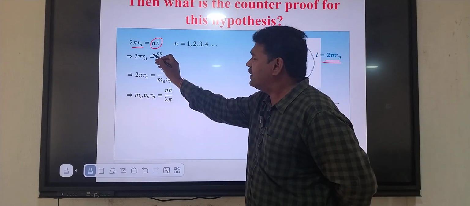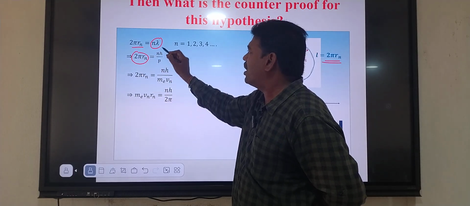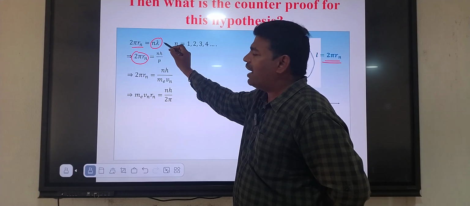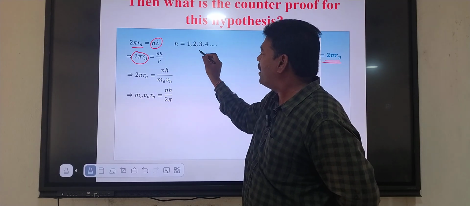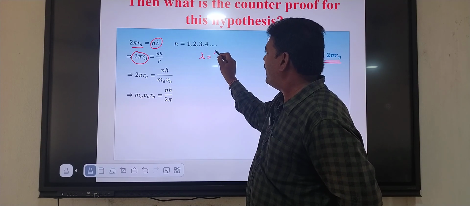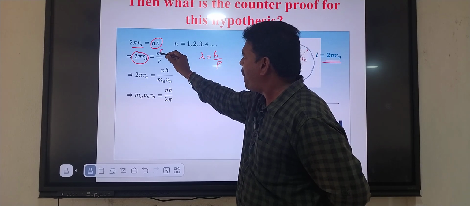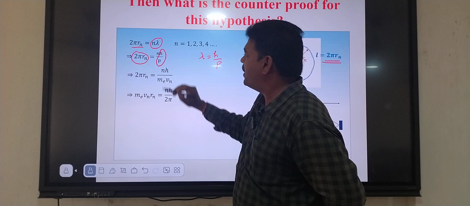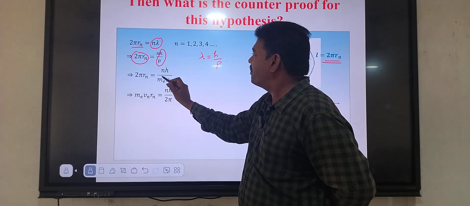Okay? And after that, 2 pi r, the circumference of the circular orbit, is equal to n lambda, and from the de Broglie equation we can write h by p instead of lambda. So 2 pi r is equal to nh by p.